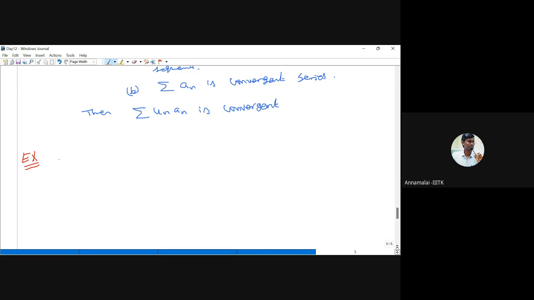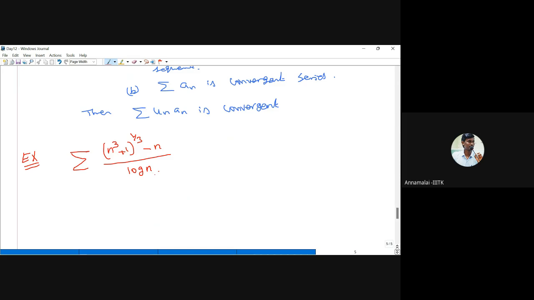Suppose you consider the series, test whether the series converges or not: ((n cube plus 1) power 1 by 3 minus n) divided by log n. This is the given series.